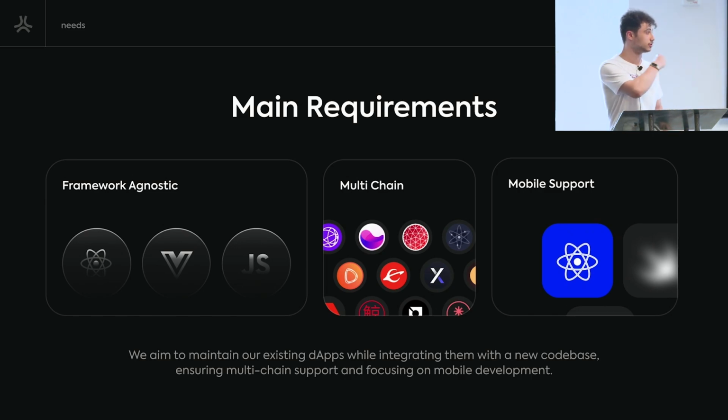So we have to support multiple chains, because we have something on Neutron, something on Juno, and the other thing for sure is to support mobile, because what we want to do as a mission, or at least also my mission, is to bring the blockchain into the pocket of anyone.